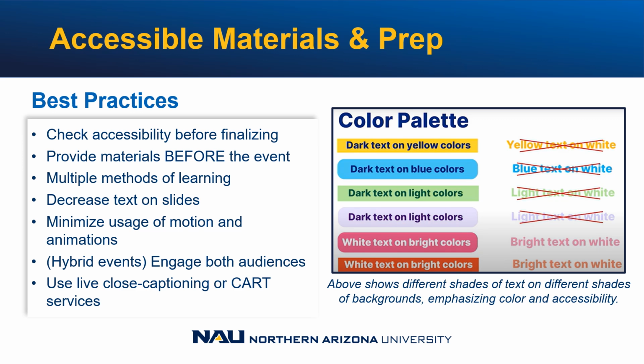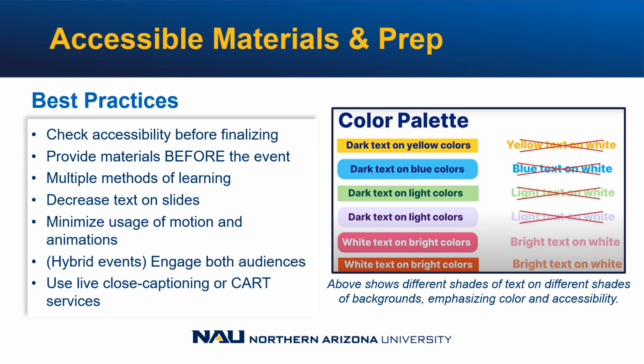Decrease text on slides. It's better to have less text on slides and bigger font than the other way around. Minimize usage of motion and animations. For hybrid events, make sure you're engaging both the virtual and in-person audiences. And if needed, you can use live closed captioning or CART services.